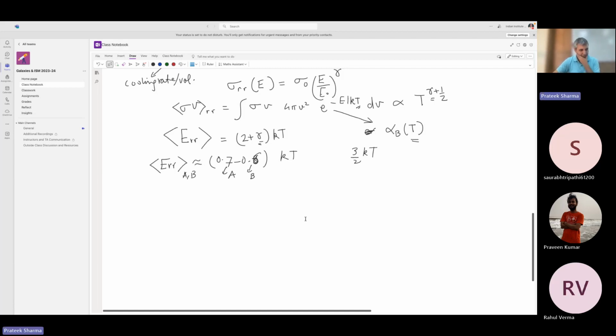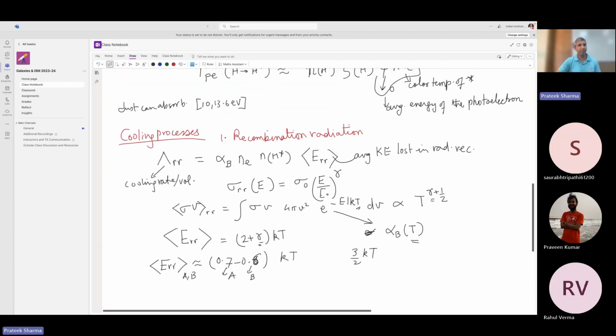Anyway, this is the first cooling process, radiative recombination. You'll have a free electron with some kinetic energy, and it is going to recombine to this level and produce a continuum photon.